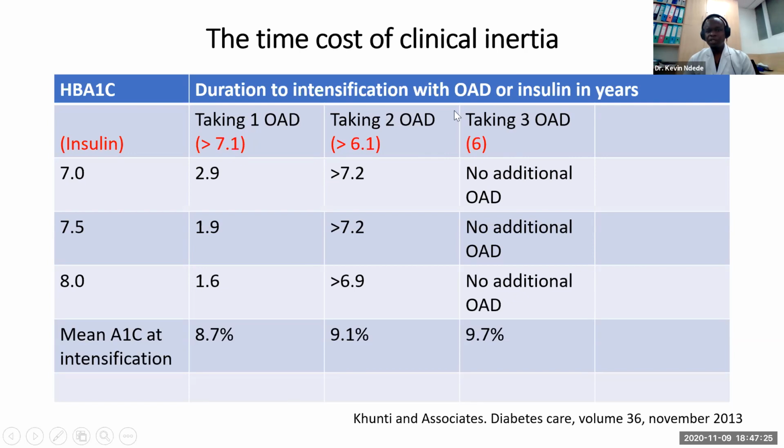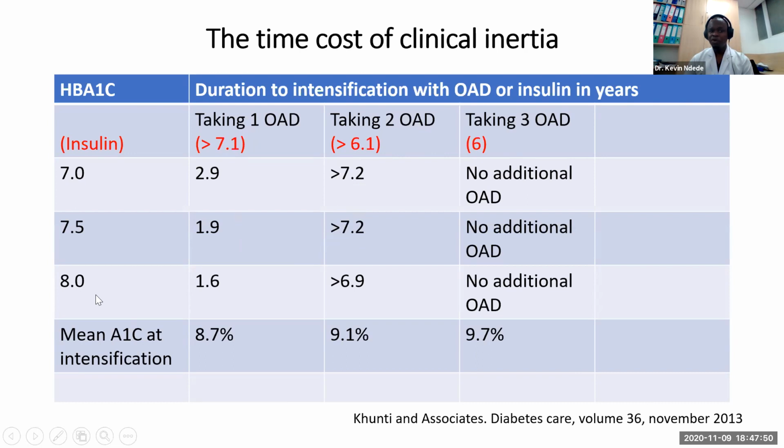The second group is those taking 2 oral anti-diabetic agents. You can see the duration to intensify took more than 7 years. For those with HbA1c above 7.5, again, it took more than 7 years.